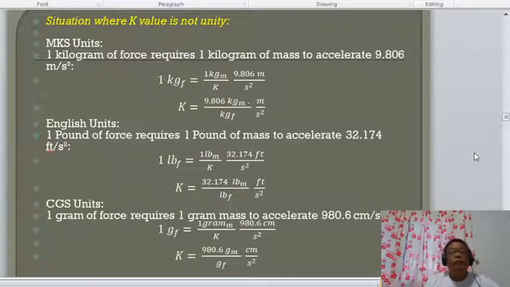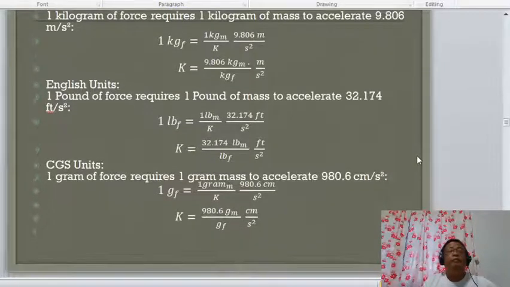So there is somewhat of a difficulty, of course, in calculation of the second law of Newton, especially if you are a beginner in this subject.